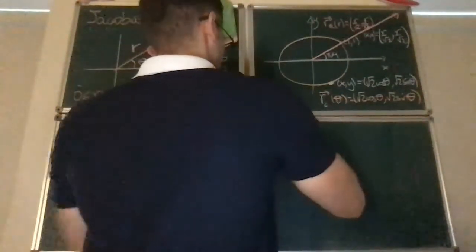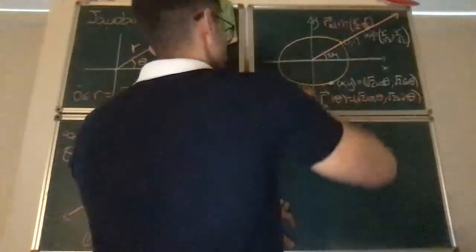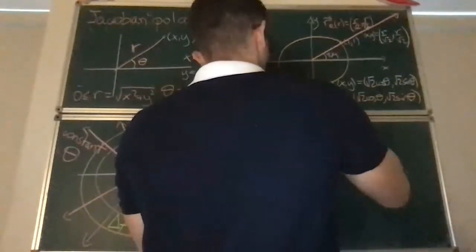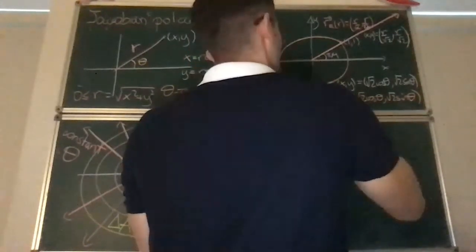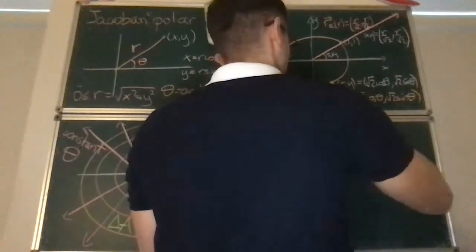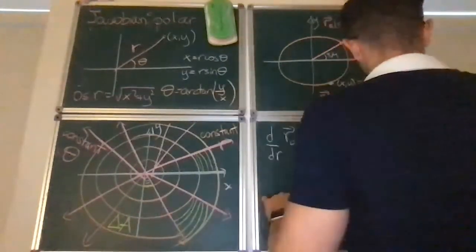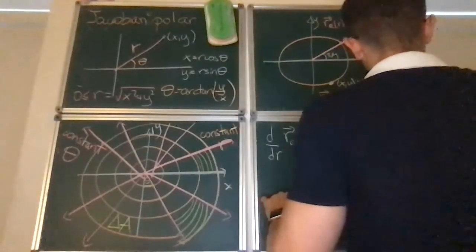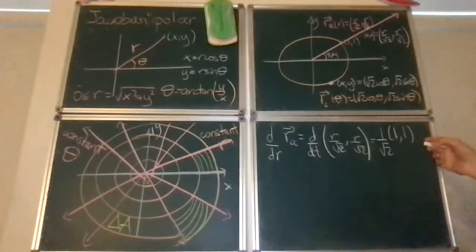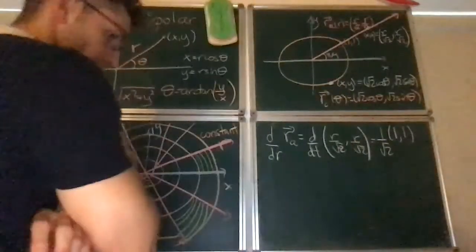So the velocity vector for the first curve, the constant angle, would be found by differentiating with respect to the variable r. One way to write it is like this: 1 over root 2 times 1 comma 1.